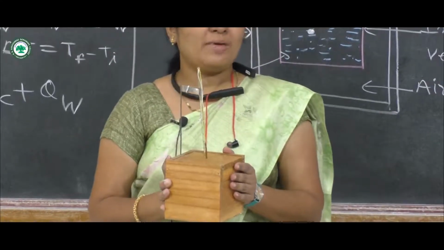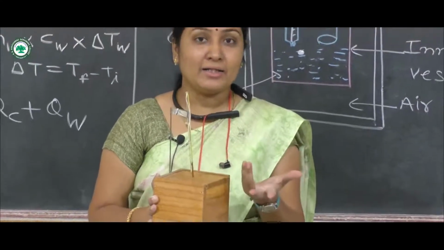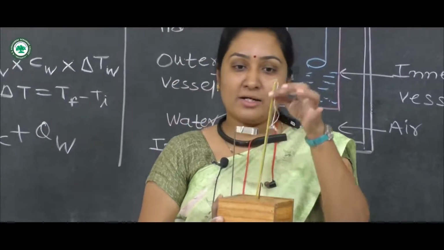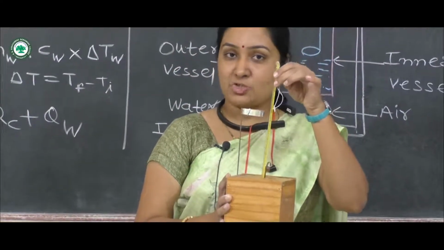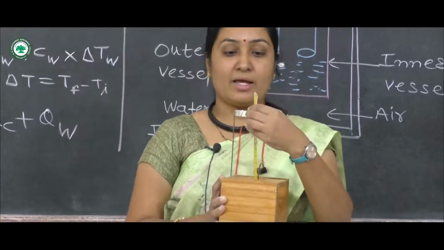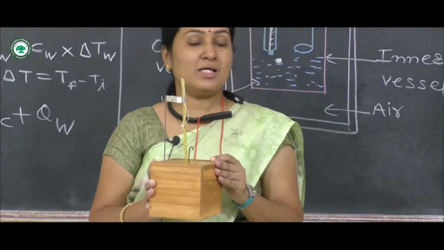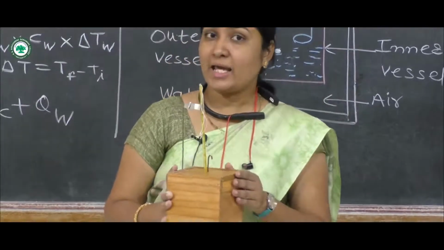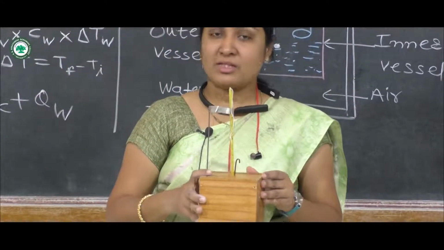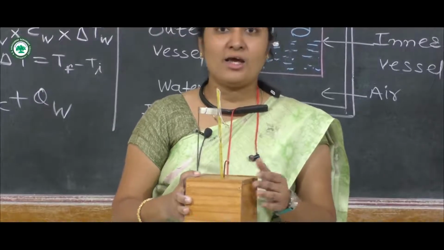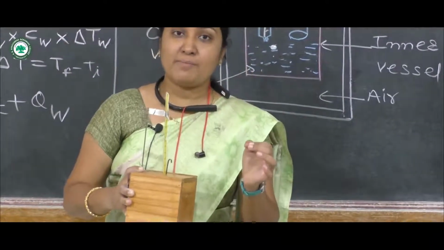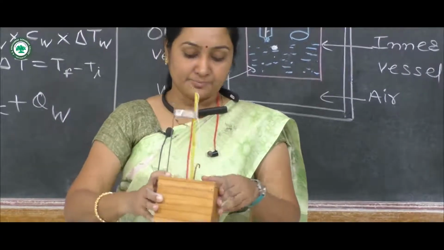We cannot measure heat directly, but we can measure temperature directly by the instrument thermometer. And by using the calorimeter, or calorimetry, this experimental technique is used for the quantitative measurement of heat.